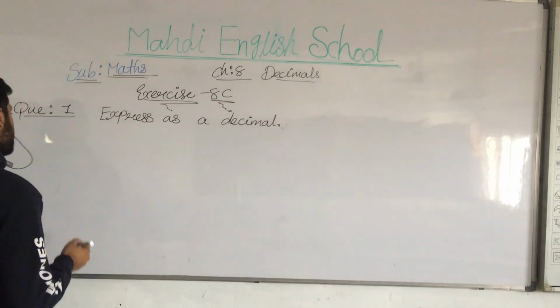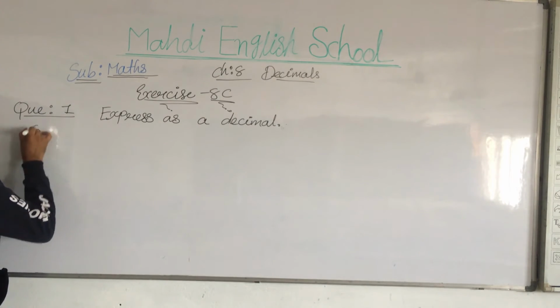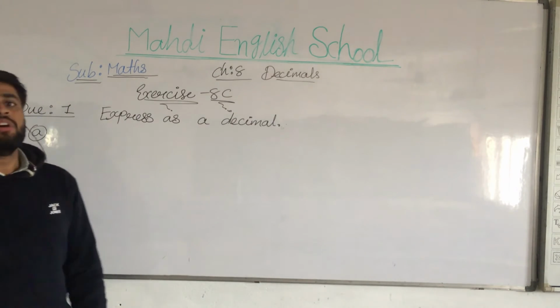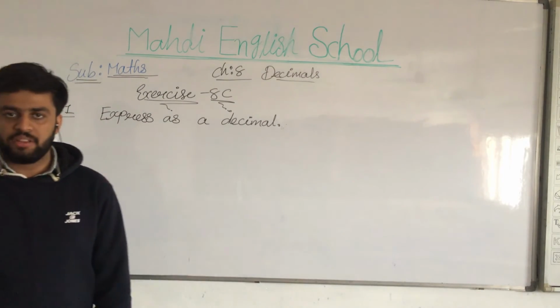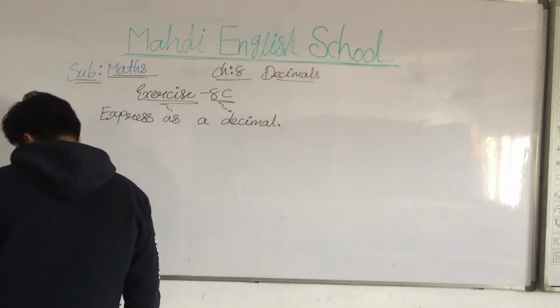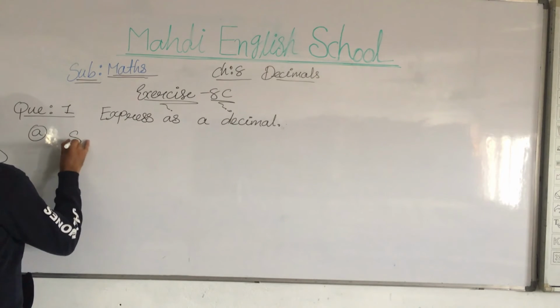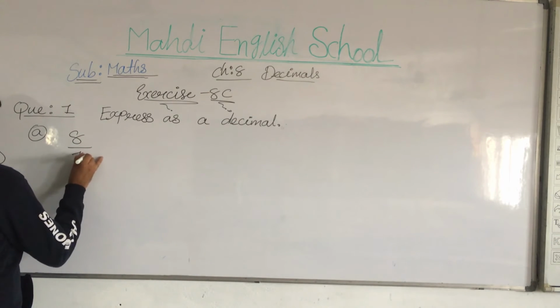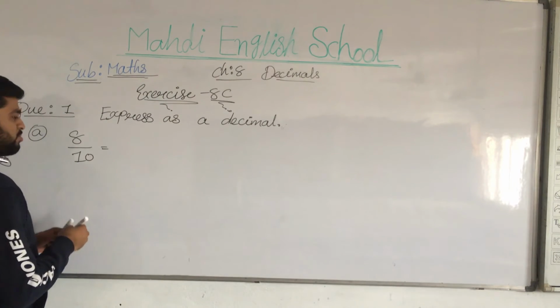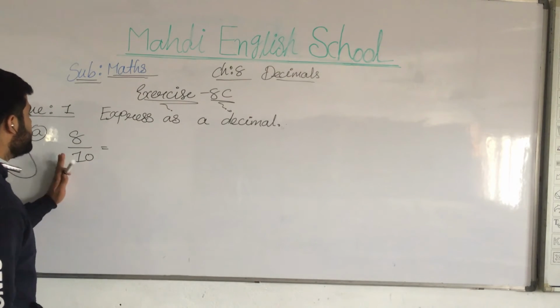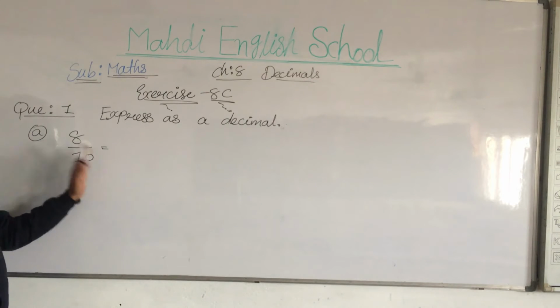Okay, so now I am writing the first question, and I am going to teach you the whole method of how we express it. Let the first question be 8 upon 10. See this, how we convert it to a decimal.